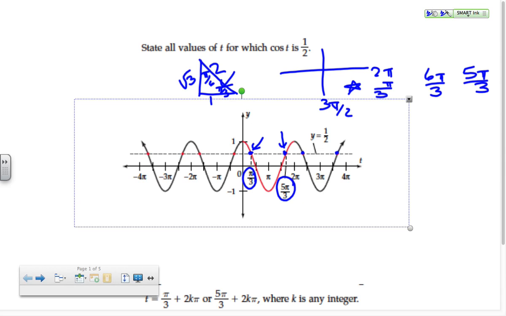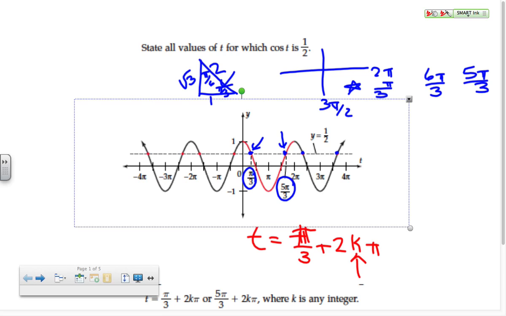Now you'll notice that the graph will repeat itself every 2 pi cycles. So I can write this as t equals pi over 3 plus 2k pi. I'm using the value k because that's what they use in the book. The reason I use k is that for any multiple of 2 pi, this will work.